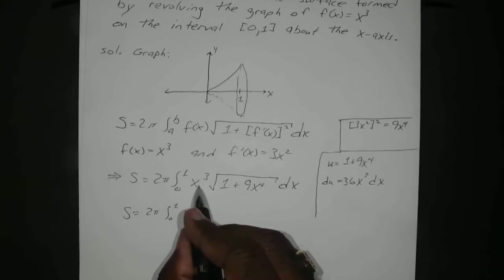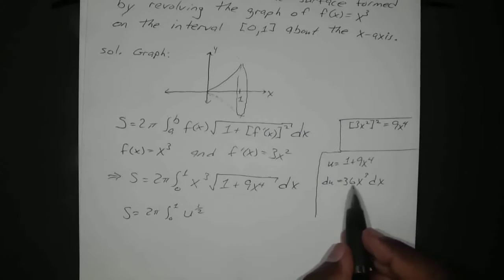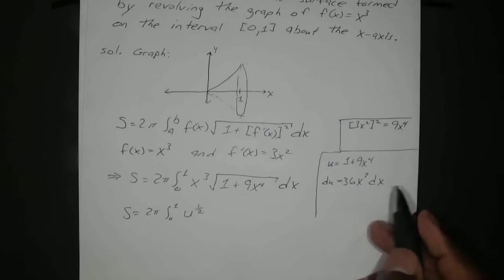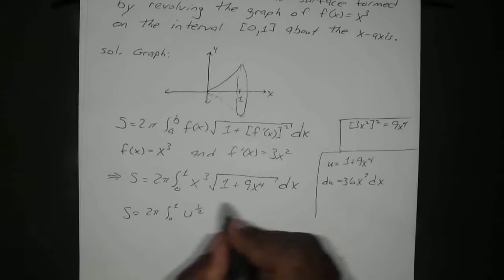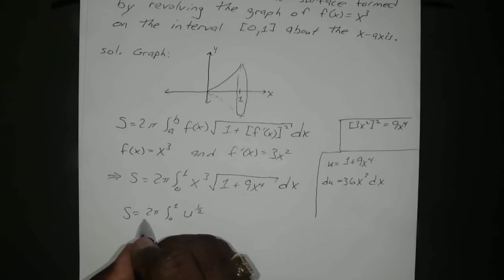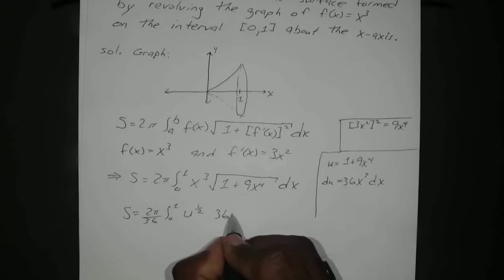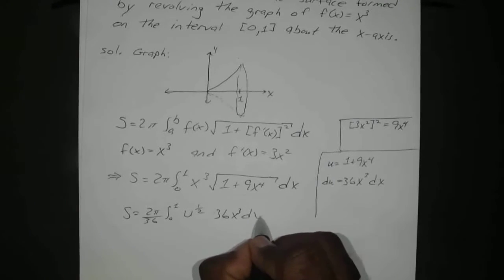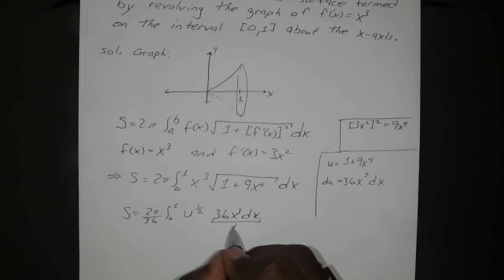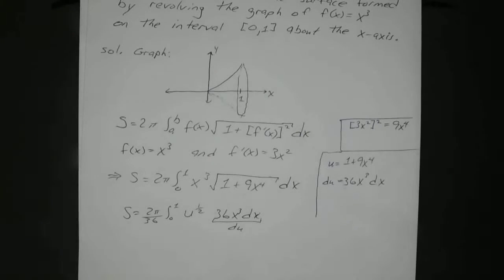And if we have x to the third, we need 36x to the third to make that du. So we just multiply and divide: we divide by 36 and we multiply by 36. So now we have 36x to the third dx, which is now our du. So you have the integral of u to the 1/2 du.